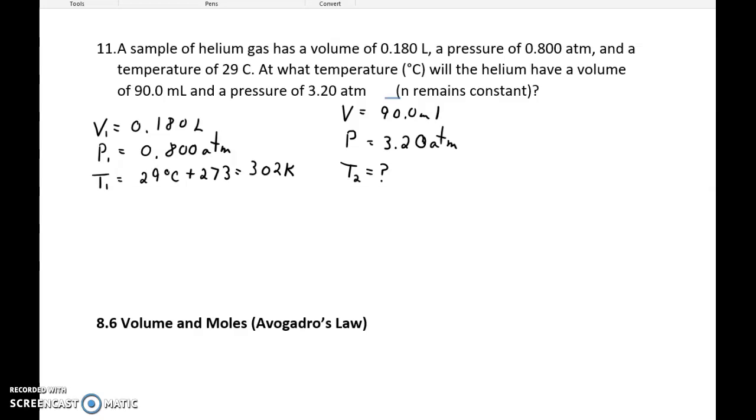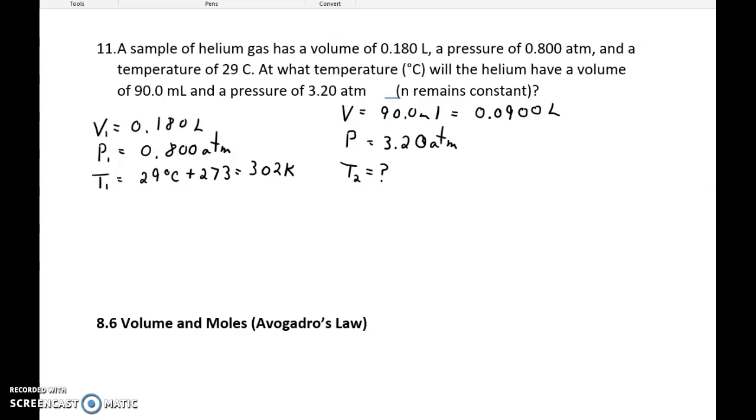I think I'll divide this one by 1,000, and that will give me 0.090 liters, keeping all my significant figures right. We've just moved the decimal 3 places to the left to change it from milliliters to liters.